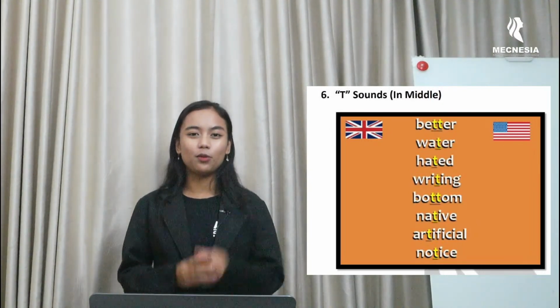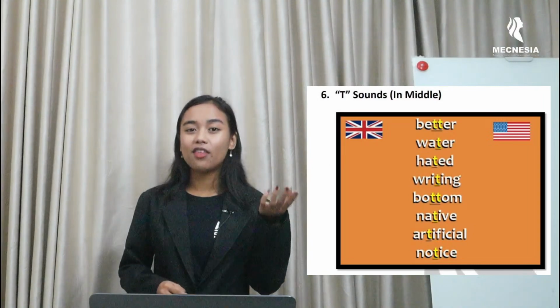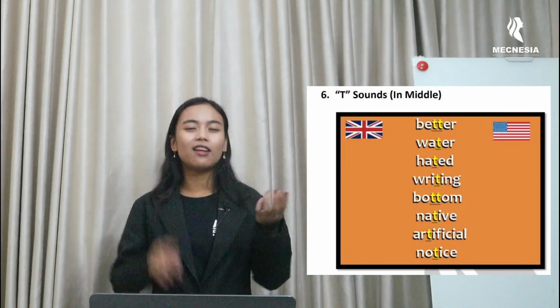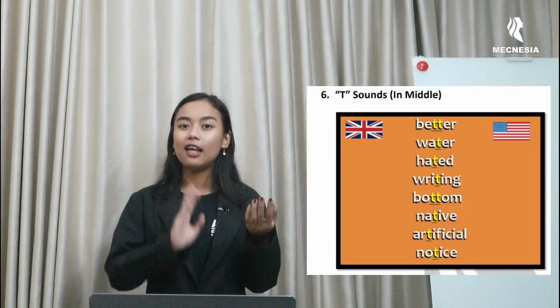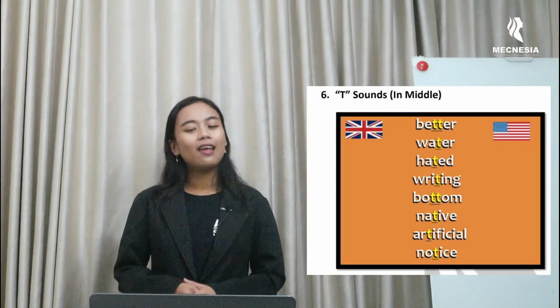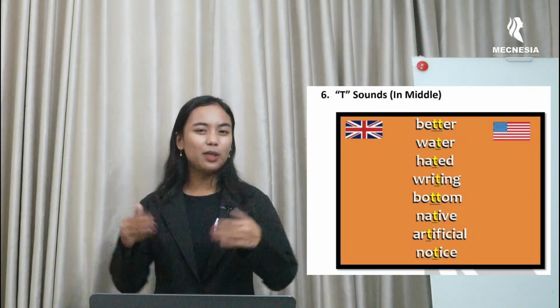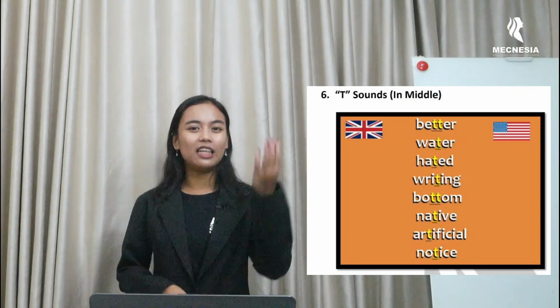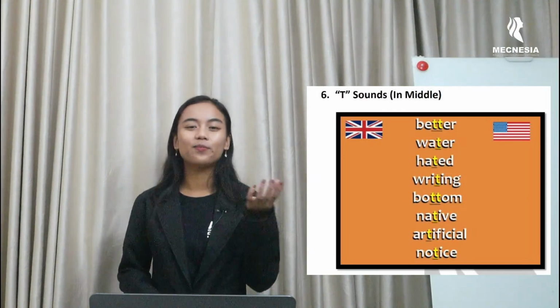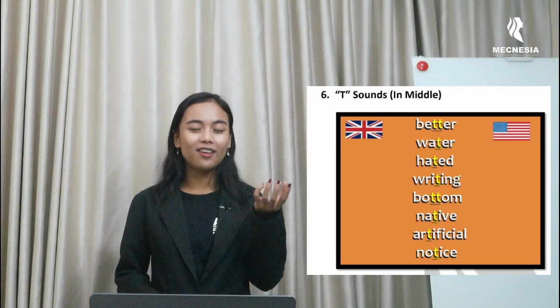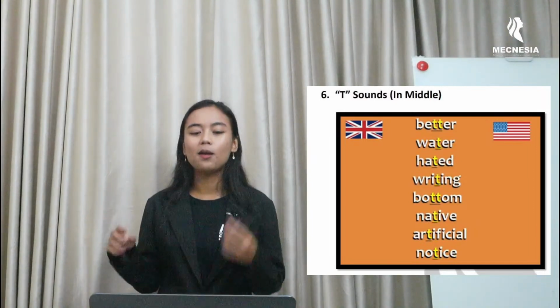So, in British, better. Karena R-nya di British juga nggak jelas. And in American, we say it better. It means lebih baik. Let's practice. In British, better. In American, better.